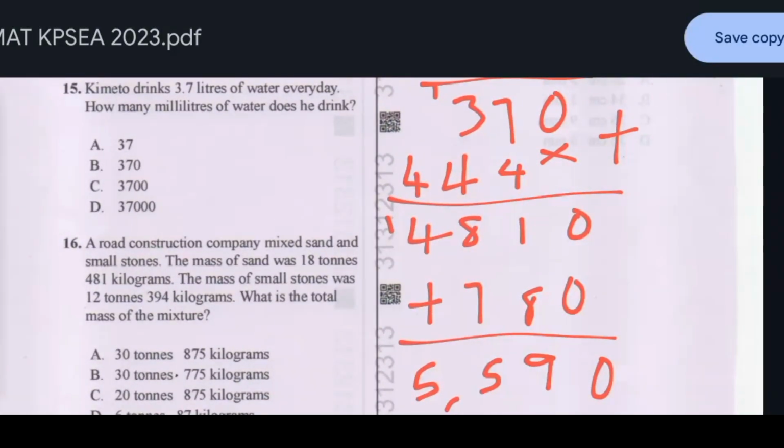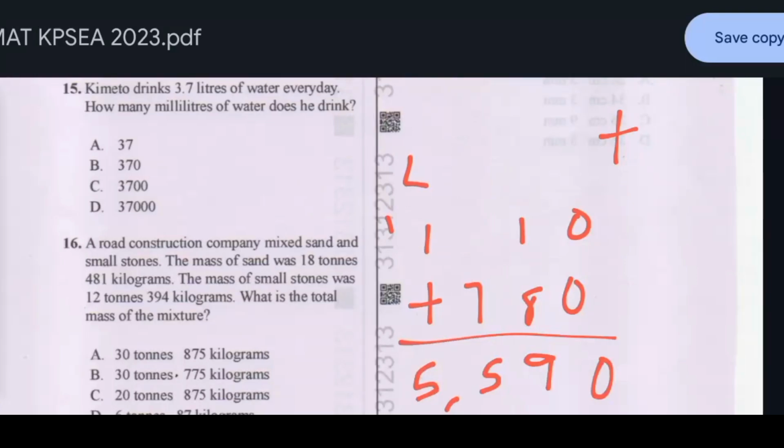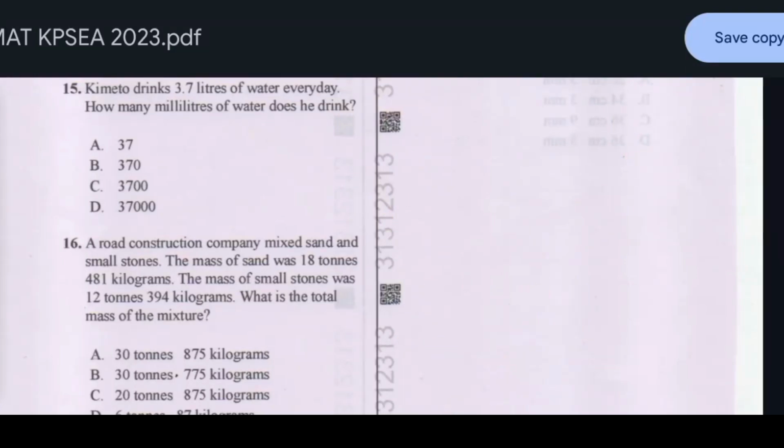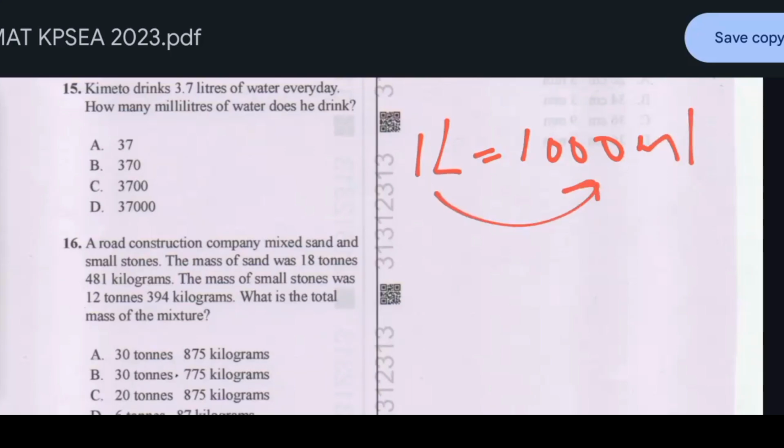Kimeto drinks 3.7 liters of water every day. How many milliliters of water does he drink? So this one is about converting. So 1 liter is equivalent to 1,000 milliliters. Now we're converting from liters to milliliters. So that means we multiply by 1,000.